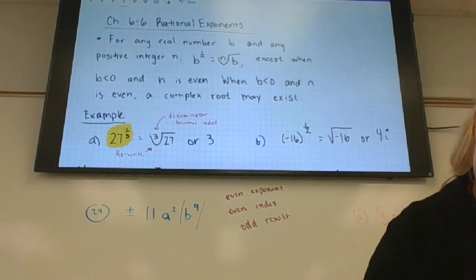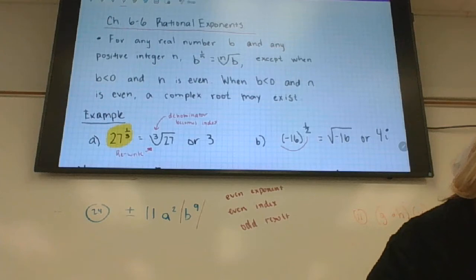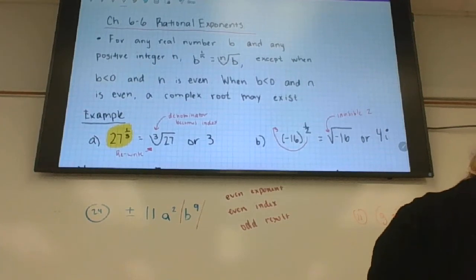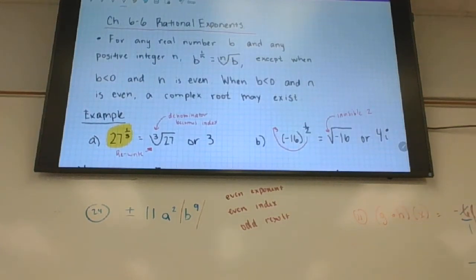Square roots have your invisible 2. The square root of negative 16 is 4i. So that's a very formal definition and 2 examples.